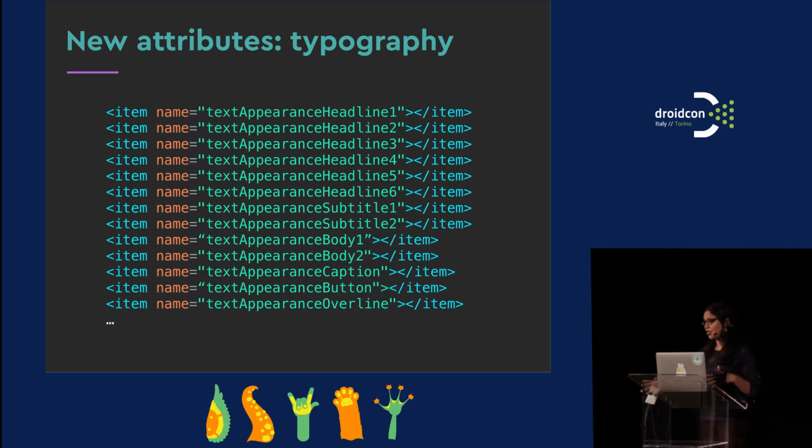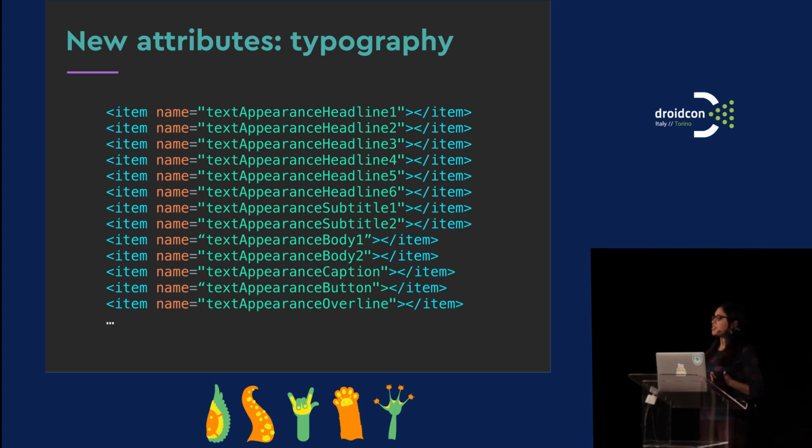So if your designer comes to you and says, I want all the toolbar text in your app to be headline 6, and this is assuming your designer has read the material design guidelines, which hopefully all of our designers have done that, you can now directly use the headline 6 attribute for the toolbar in your app. It's already there. What material design is recommending is there in code. What a concept.